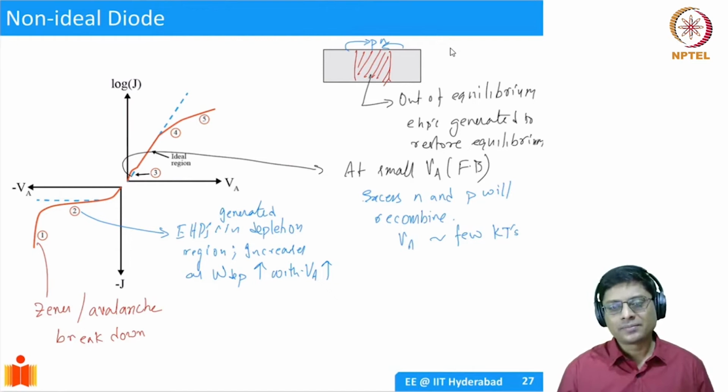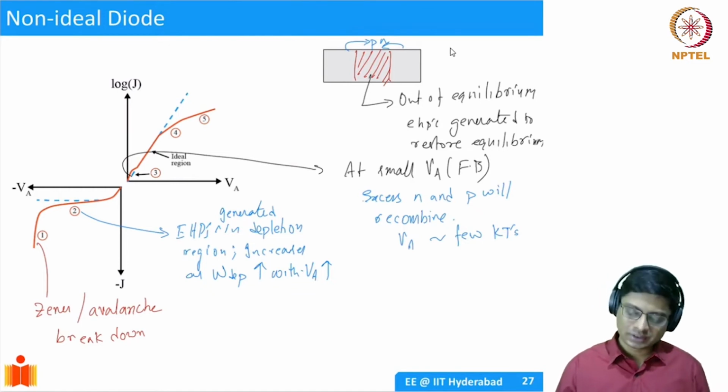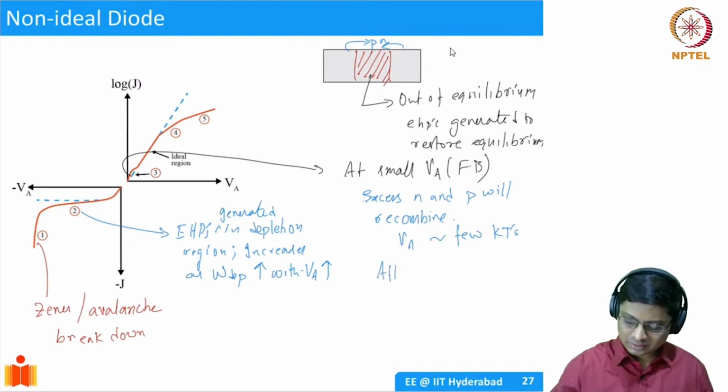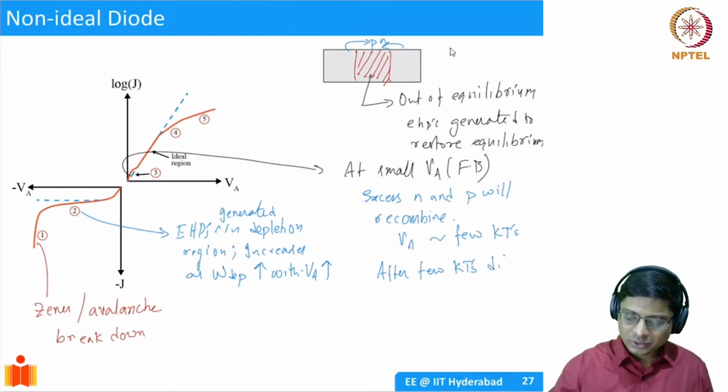The reason is the diffusion current goes exponentially, right? So once the diffusion current takes over, after a few kT, I mean, 1 kT is basically 25 millielectron volts. A few kT, let's say 100 millielectron volts. After 100 millielectron volts, or 0.1 volts, diffusion is going to take over.